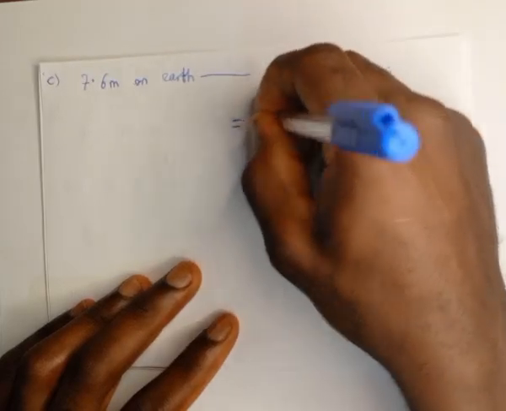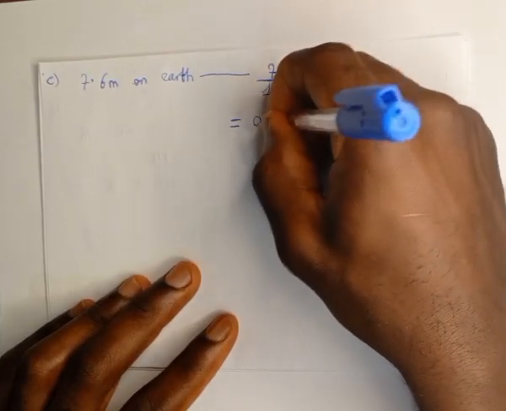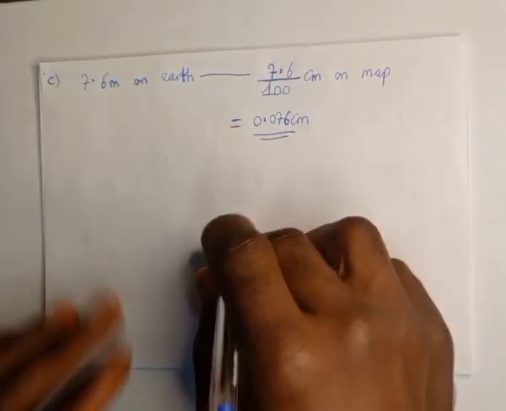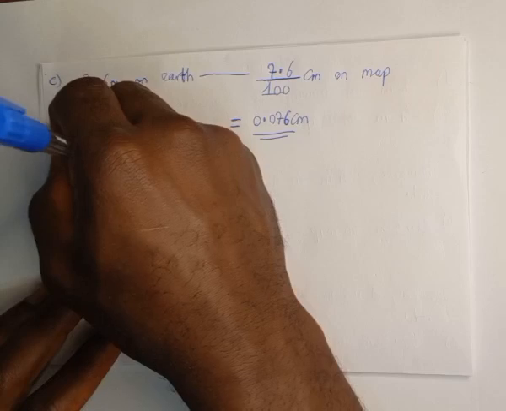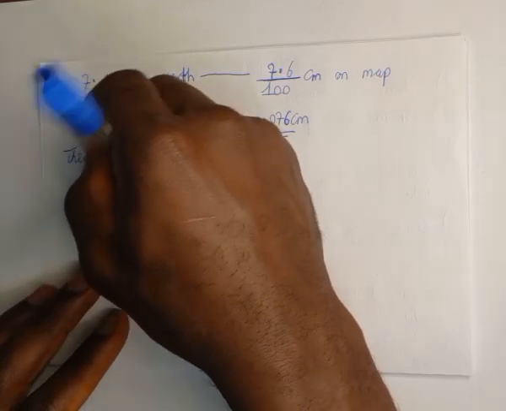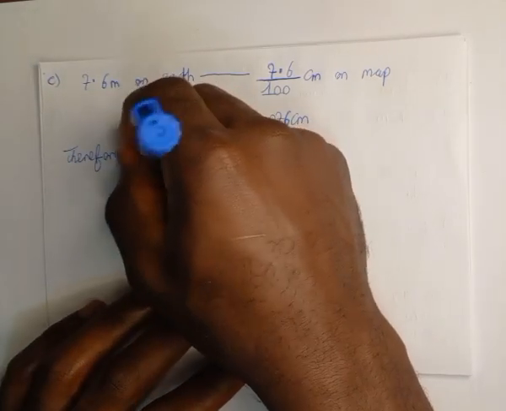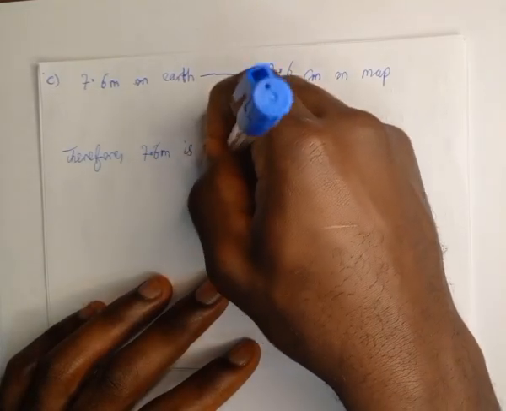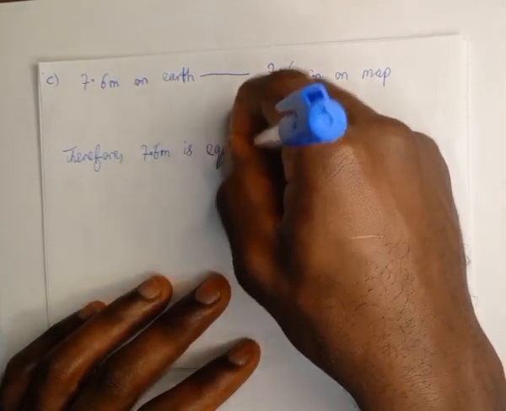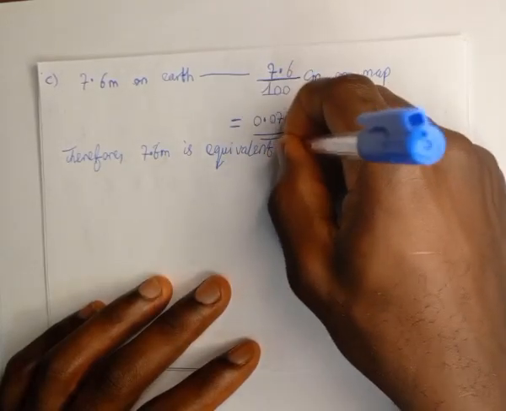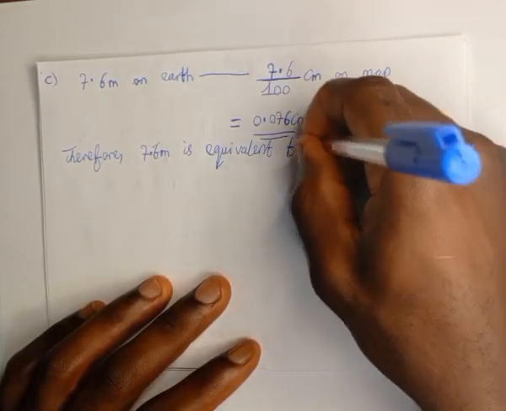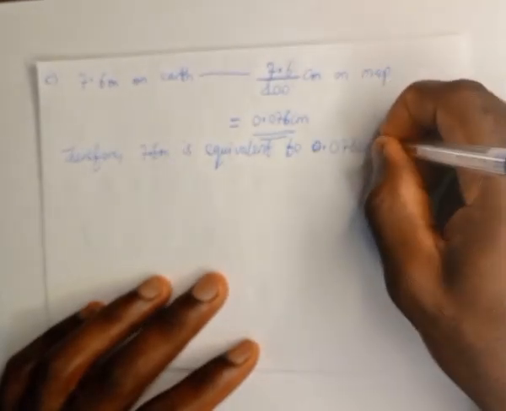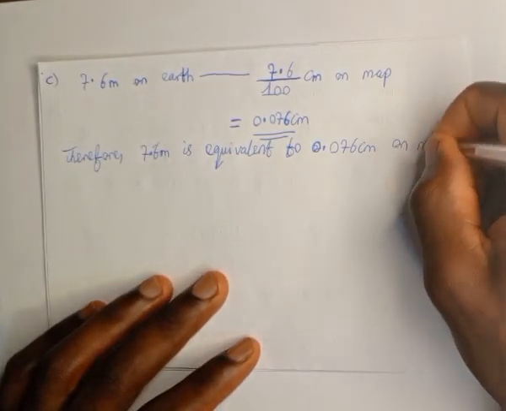This will be 0.076 centimeters. We conclude, therefore, 7.6 meters is equivalent to 0.076 centimeters on the map.